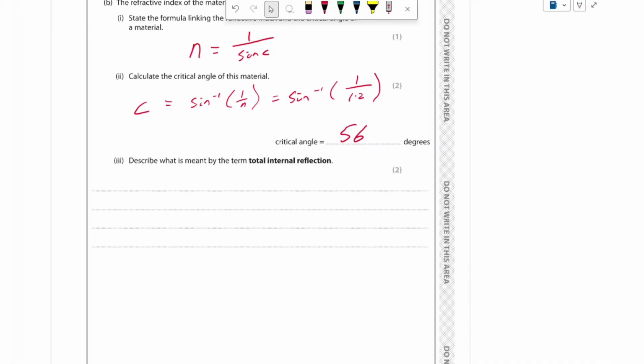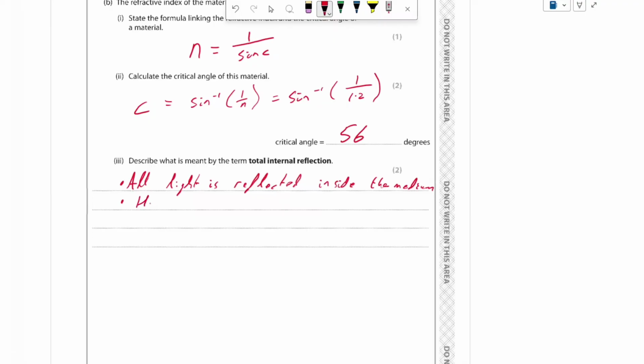What is meant by total internal reflection? 3 marks. All light is reflected. In other words, it stays inside the medium.